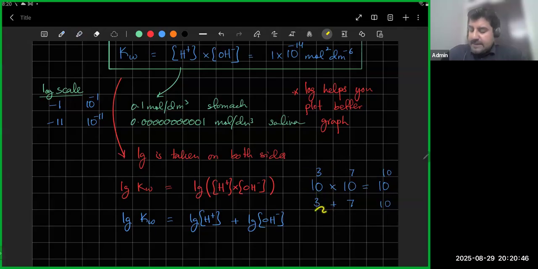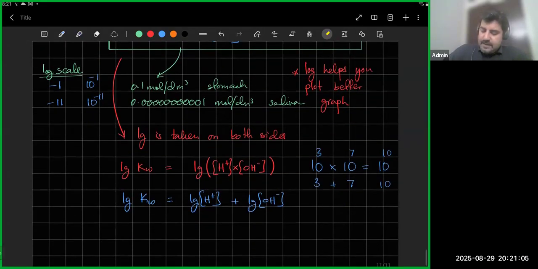So log 10 power 3 is 3. Log 10 power 7 is 7. Log 10 power 10 is obviously going to be 10. So that's going to be addition in log. Okay. So H+ concentration times OH- concentration in log is addition. So you get this new expression, which is this one.